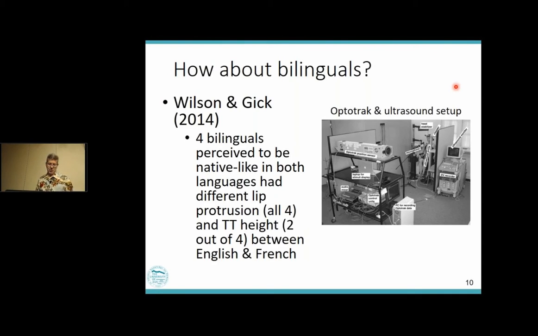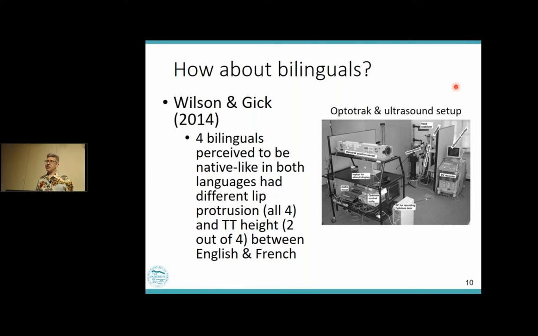So what Brian Gick and I did a couple of years ago, we wrote this up in JSLHR. We measured 4 bilinguals, and actually we measured more than 4, but 4 that were perceived to be native-like in both of their languages, English and French.